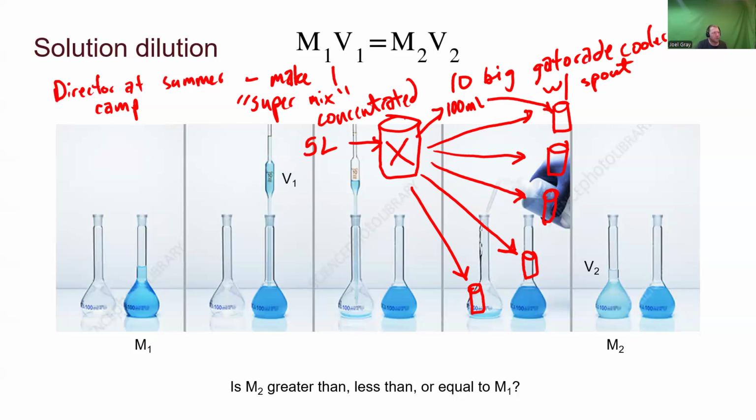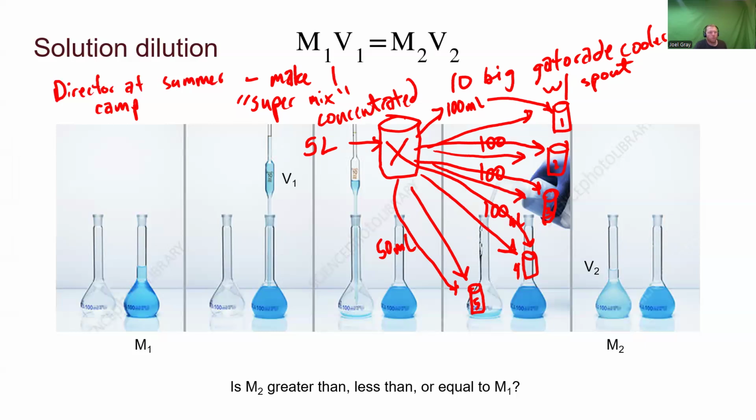And then I'm going to label the coolers 1, 2, 3, 4, 5. Then someone else comes along and they get 100 milliliters for cooler 2, 100 milliliters for cooler 3, 100 milliliters for cooler 4, and then somebody else takes over and they get confused and they take 50 milliliters and put it in cooler number 5.